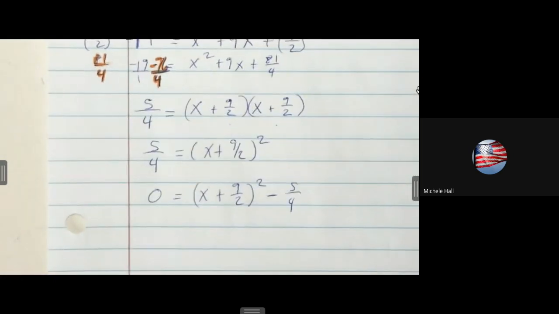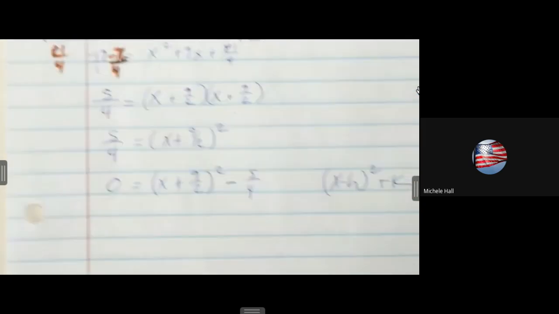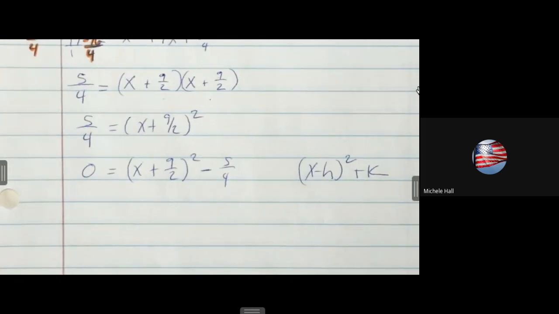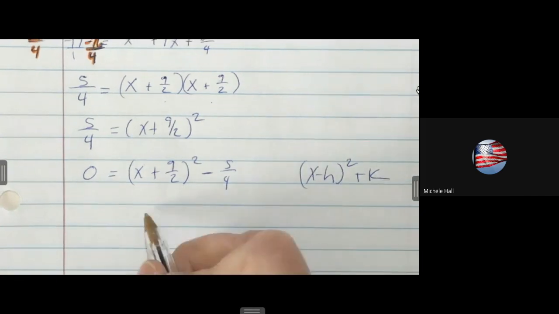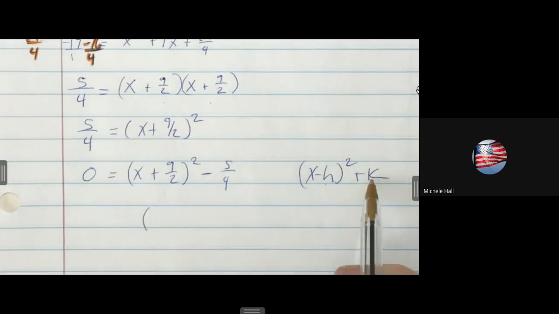Now it's in x minus h squared plus k. That's vertex form. What's the vertex? I need h, k. What is the h, k for the vertex?